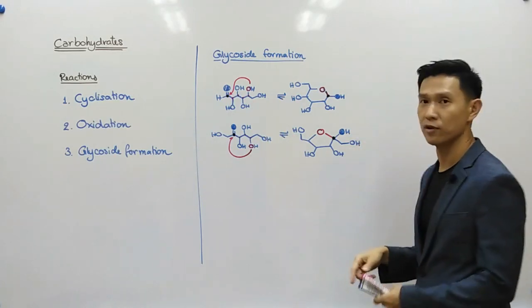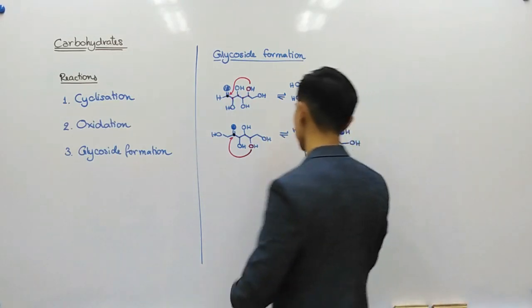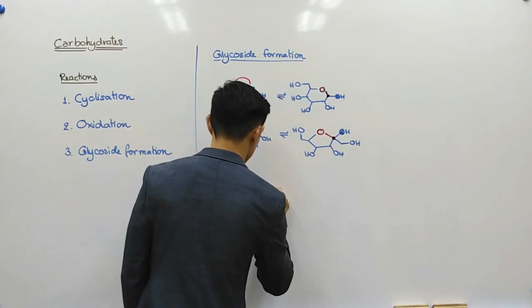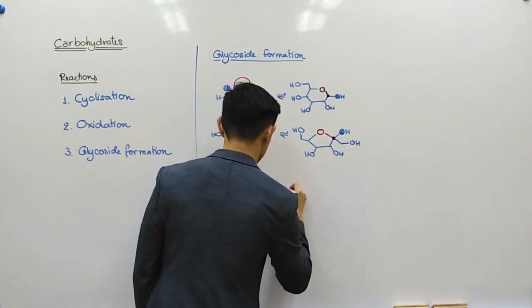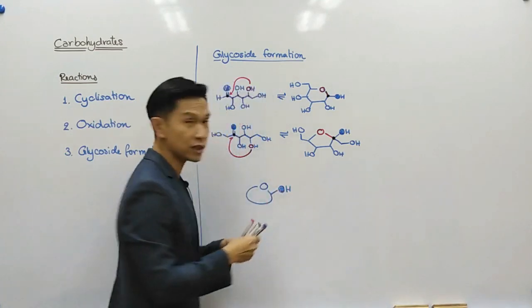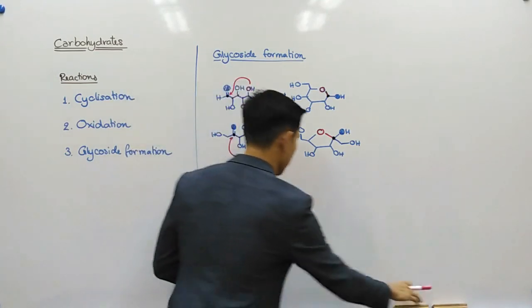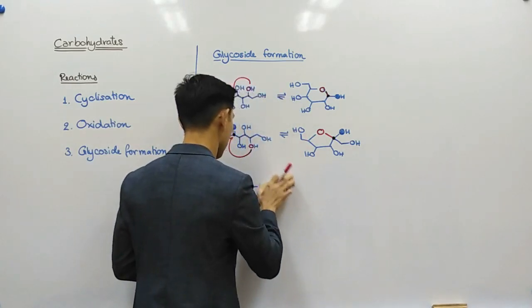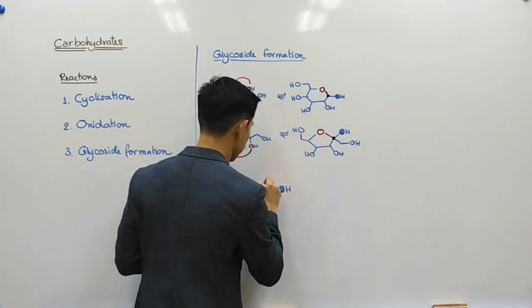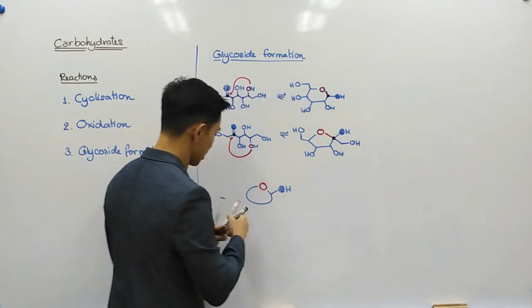And this kind of OH, I will symbolize them as this. Okay? Labeled in OH, and labeled the hydroxy group that's used for condensation in pink color.